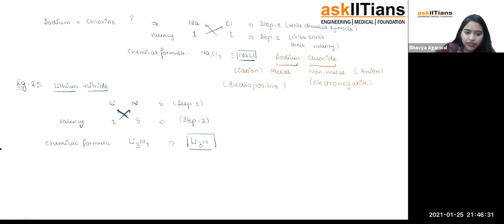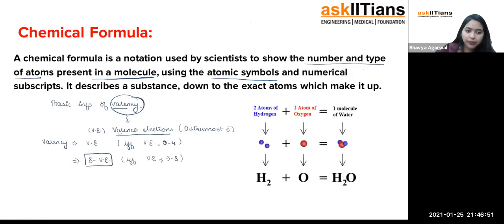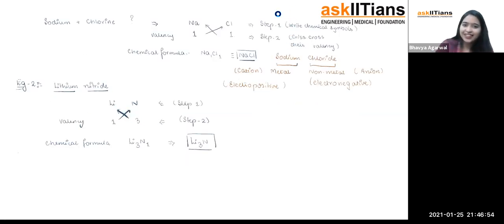In the same way, water is given as H2O. This is something which you know. So let's find it using this concept. Water is composed of the atoms hydrogen and oxygen.